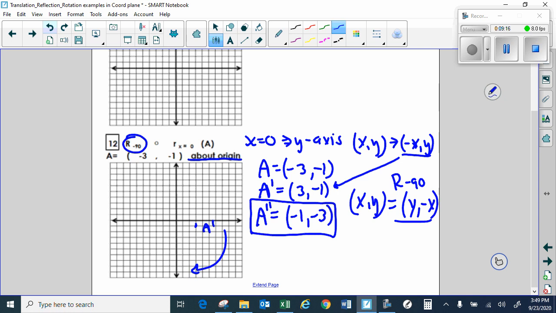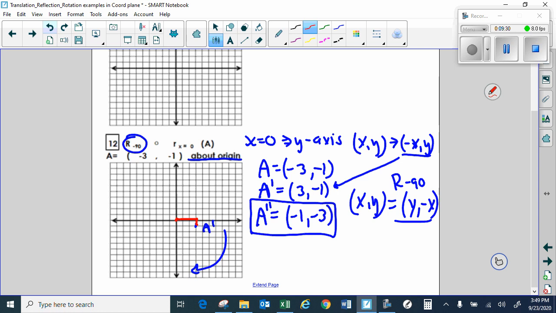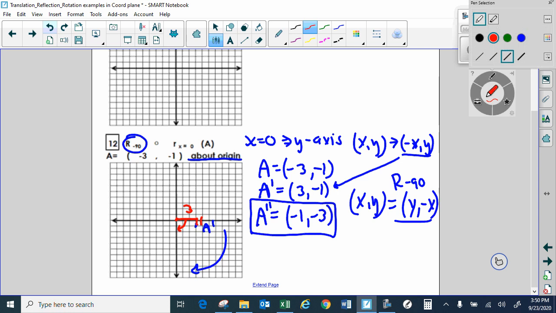But for rotations, let me change the color here. It's about the origin. So there's my center of rotation. I draw a horizontal segment out from there and down, in this case, to get to that point. And I'm rotating -90 degrees, so this horizontal has to become vertical. I'm going clockwise, that's -90 degrees. What is that distance? 1, 2, 3. What is this distance? 1. So I'm now rotating it, and it stays the same. Change the color now.